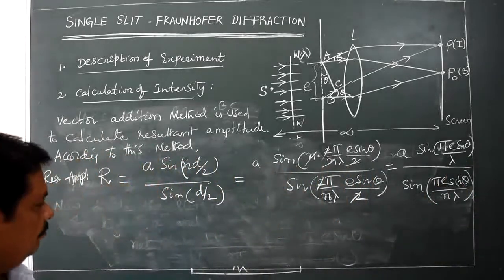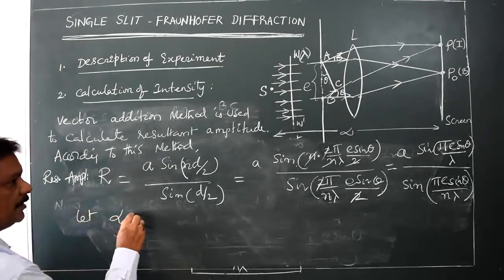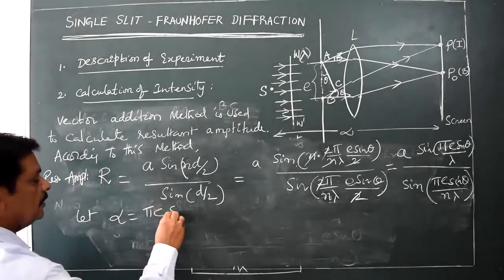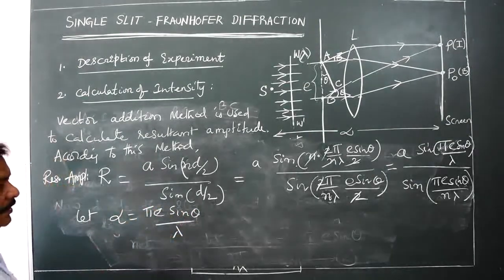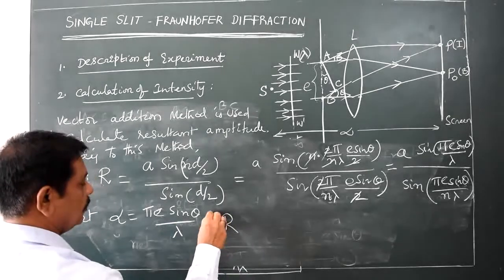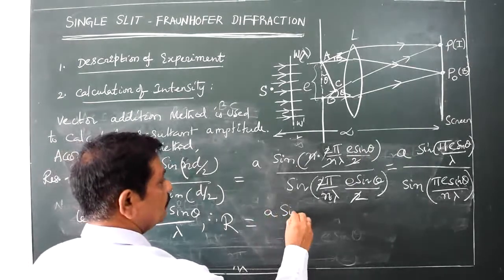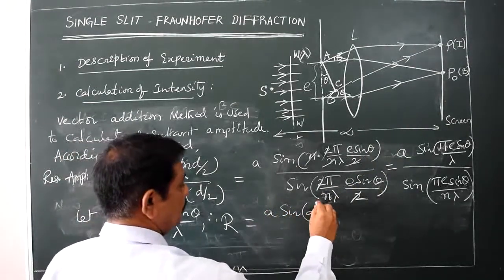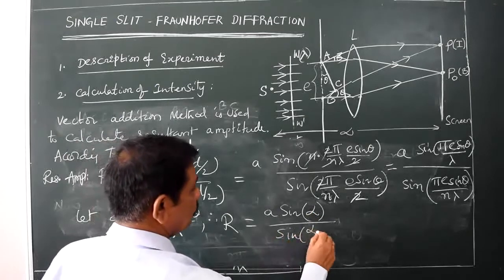This is the value. For the sake of easiness, let alpha be equal to pi e sin theta by lambda. Therefore R is equal to a sin alpha divided by sin of alpha by n.